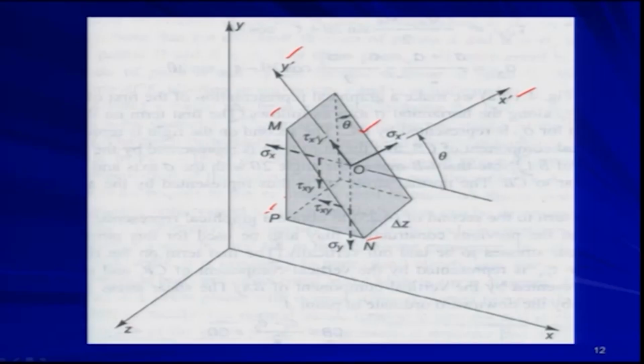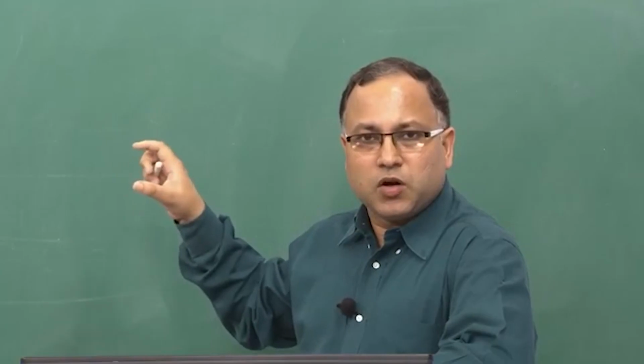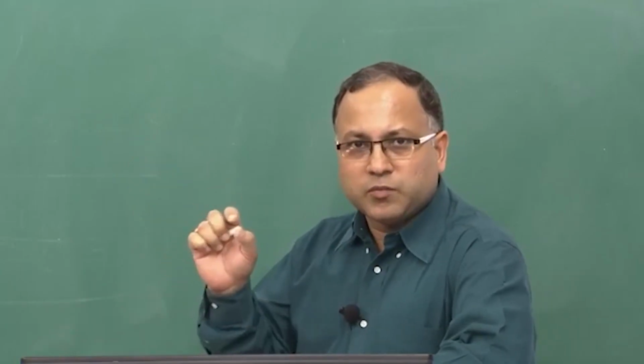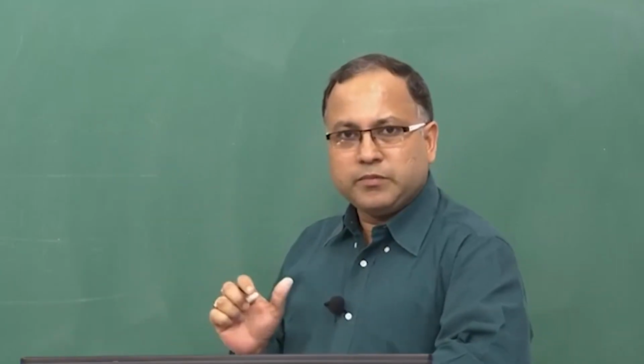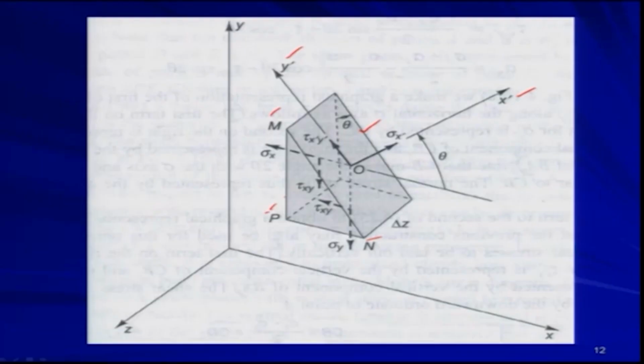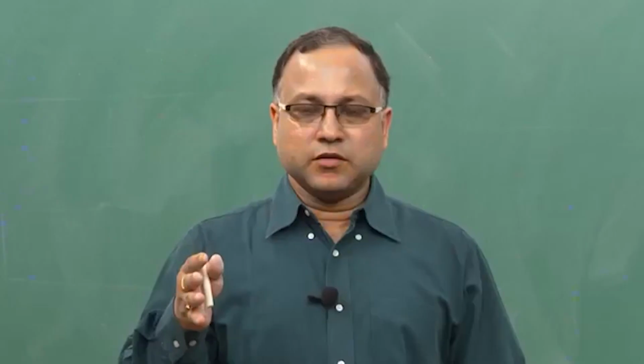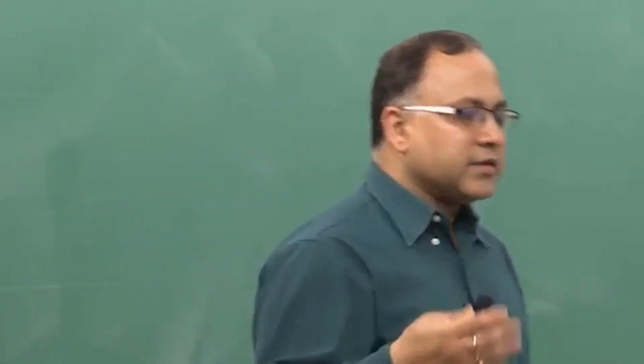Now, in this figure, as I told you, when we discuss the state of stress, each and every point of that system is under equilibrium. Whatever stresses we have, the stress multiplied by the area gives the force, and all the forces together will satisfy the equilibrium conditions.